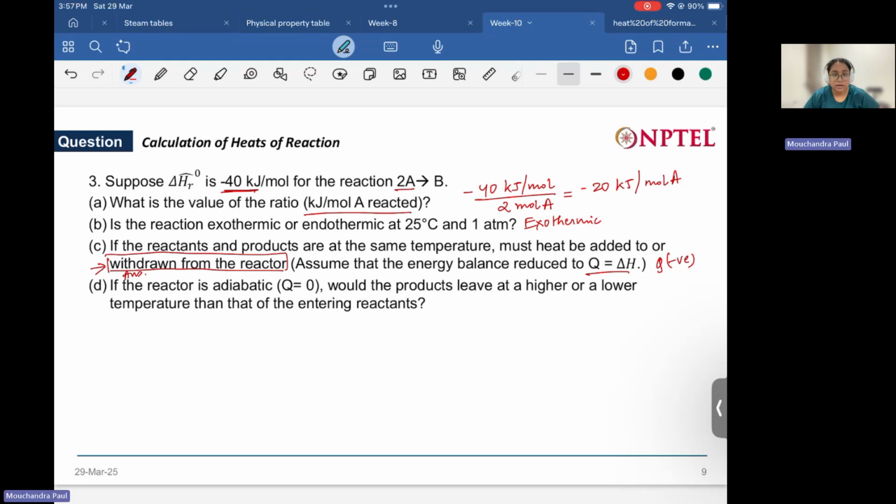If the reactor is adiabatic, meaning no heat can go in or come out, would the product leave at a higher temperature or a lower temperature? It will definitely leave at a higher temperature.